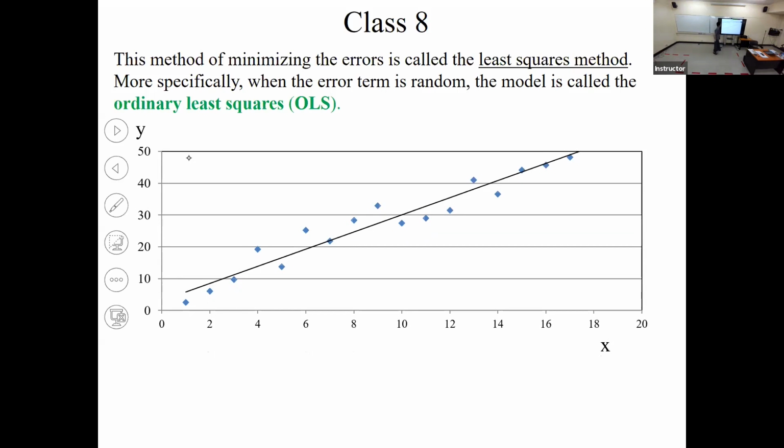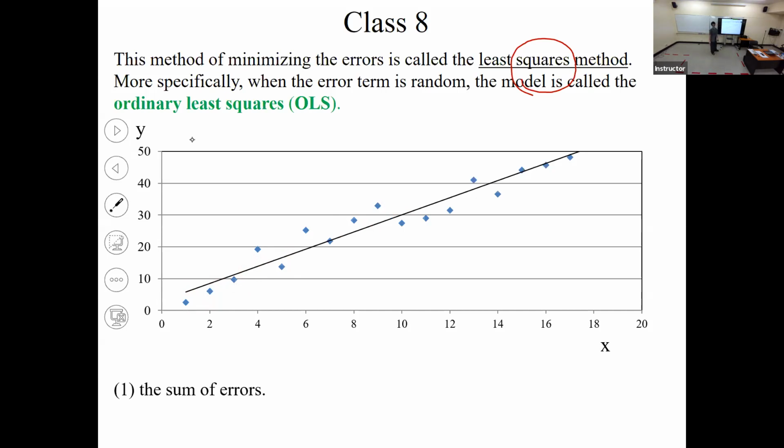So now we consider this term, squares. Earlier I said we minimize the errors, but now we are talking about squares. Why is that? Let's think about taking the sum of all the errors. There's error, error, error, and so on.